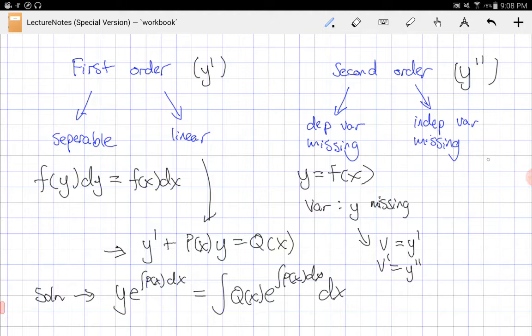And then your second order differential equation becomes a first order differential equation with v prime instead of y double prime. The second type of second order differential equation you'll encounter is when the independent variable is missing. So if y is a function of x, your x would be missing.